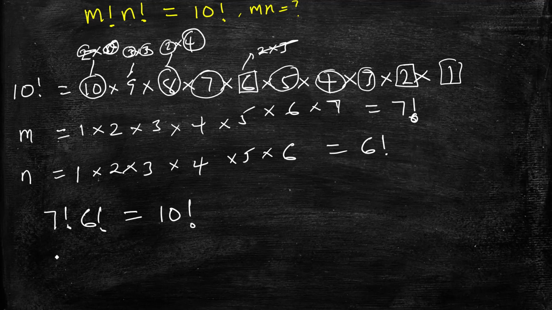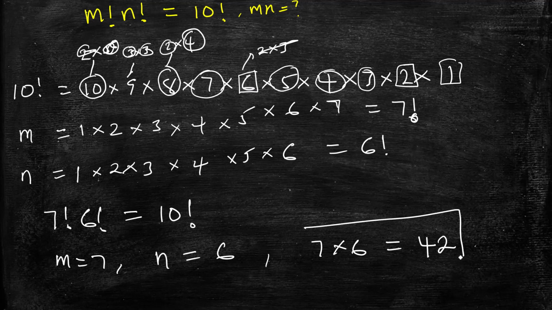Therefore, m is 7, then n is equal to 6. So finding the product of m and n means 7 times 6, which is 42. 7 times 6 is 42. So the correct answer for this problem is 42.